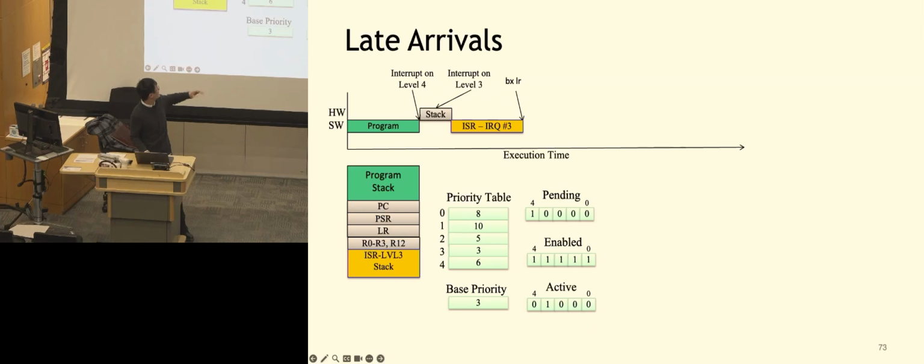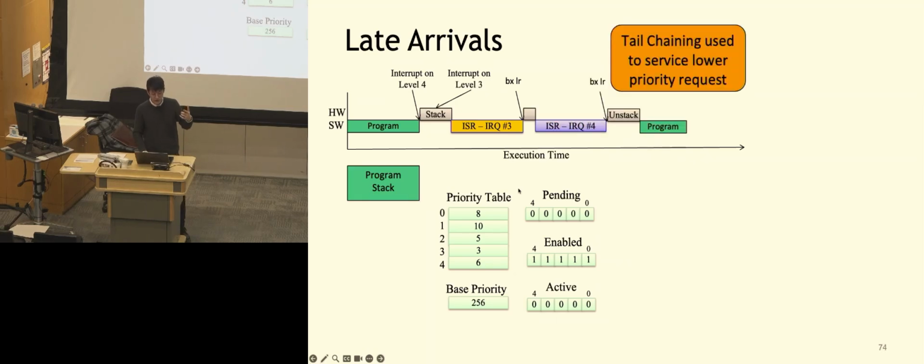And then, as you imagine, we will go ahead and do the number 3, and then the active bits corresponding to it, the base priority 3, which is the priority of request 3, and the pending bit of the number 4 is still there, just waiting to be executed. That turns into what we call tail chaining, which is a lower priority one followed immediately by the higher priority one.